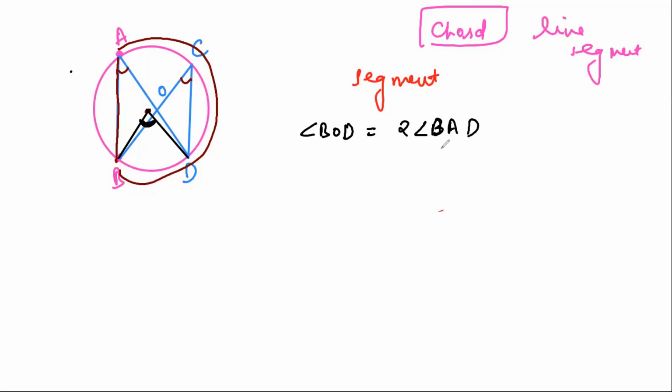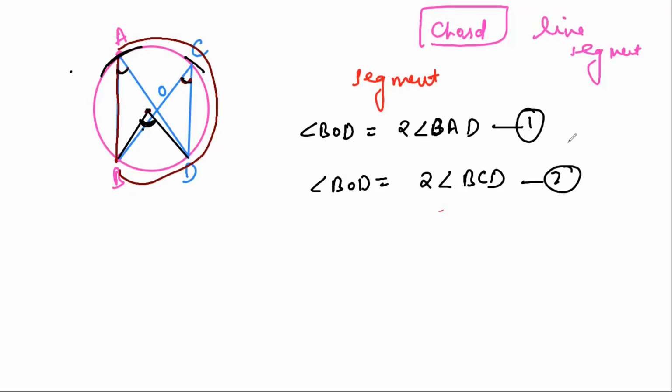The angle made at the center is always double the angle made at the circumference of the circle. So BOD is double of this. Okay, this is equation 1. Similarly, angle BOD is also equal to double the angle BCD, because BCD is also at the circumference. This is equation 2.